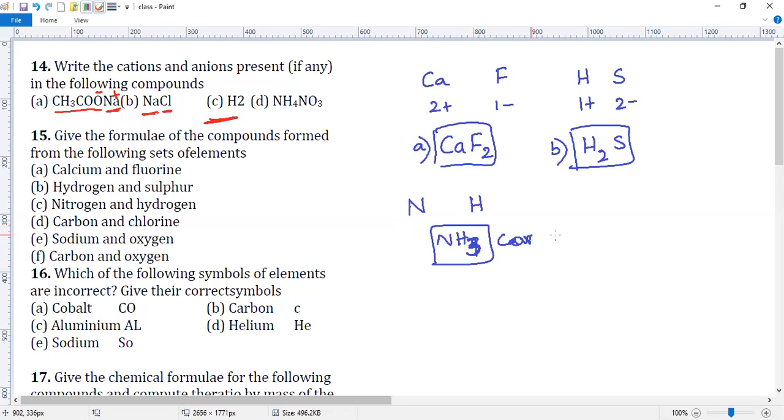If you want it to be an ionic compound, you might have written NH4 plus 1 plus. That should be fine. But still, this is not a complete compound. In the question, they have asked you to frame the compounds. This is not a compound, it is rather an ion. It gets completed only when it is bonded with another negatively charged ion.